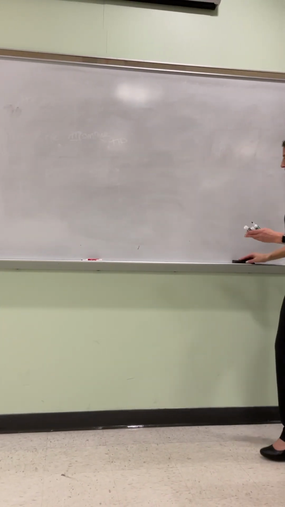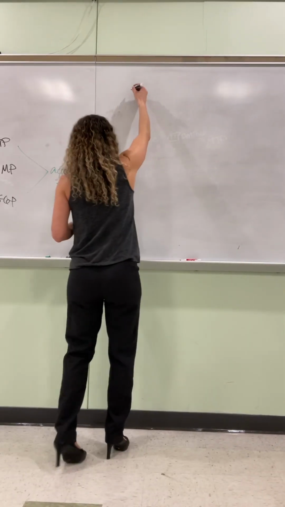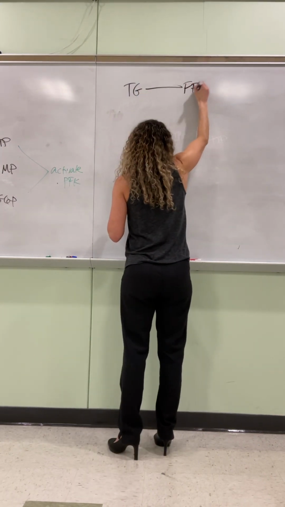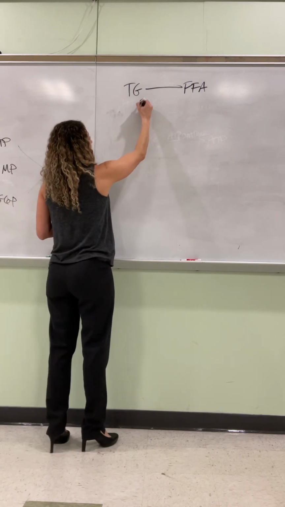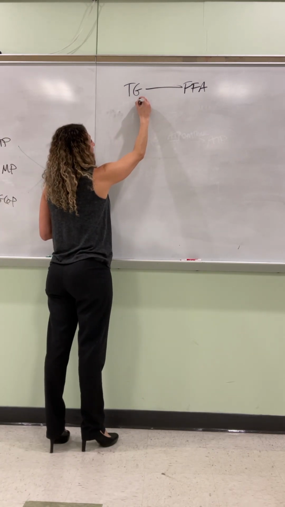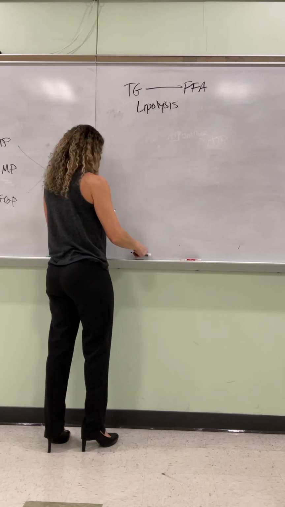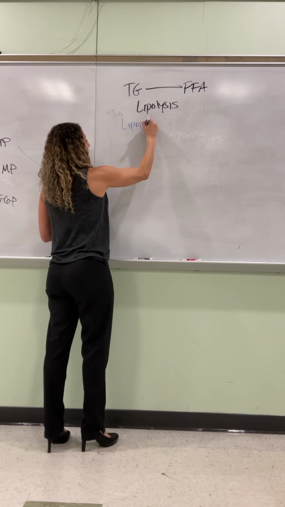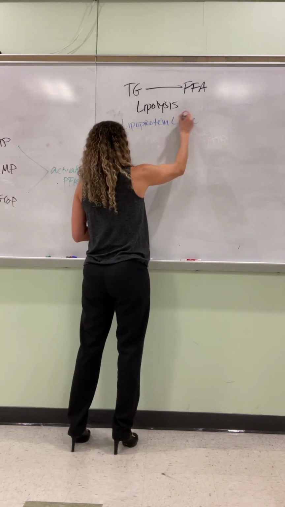All right, when we're going to do fat metabolism, we first have to take the fat out of storage. So triglyceride to free fatty acid, what's that process called? Enzyme, lipoprotein lipase.